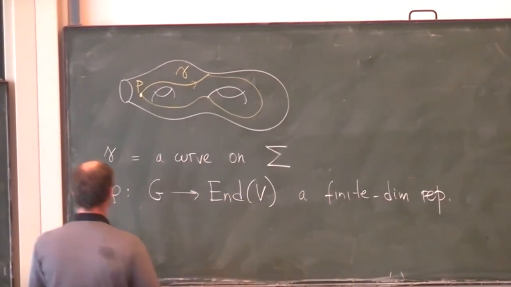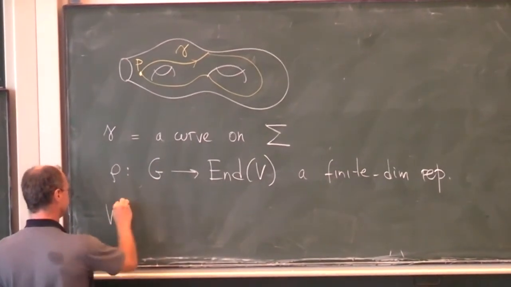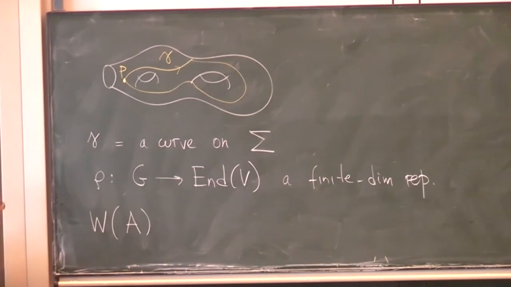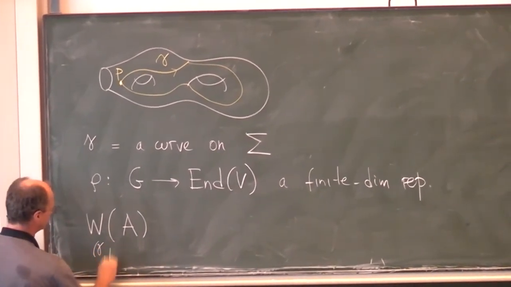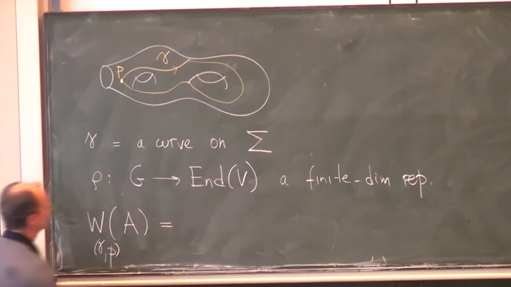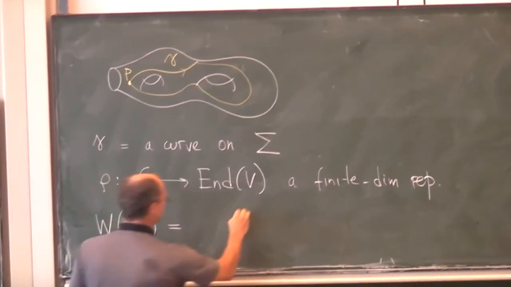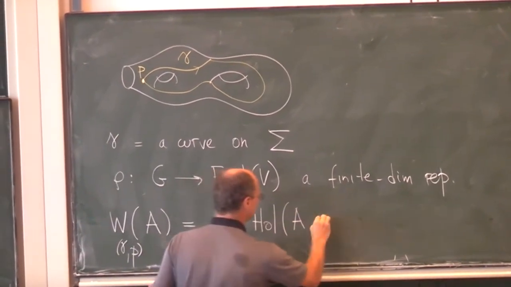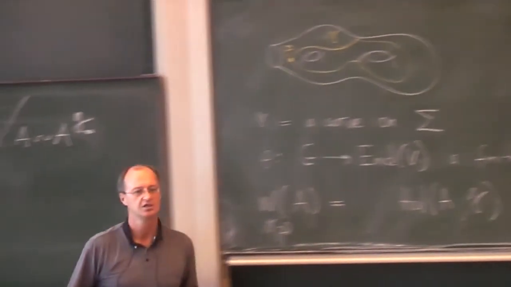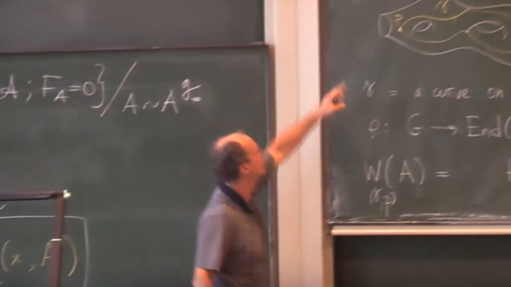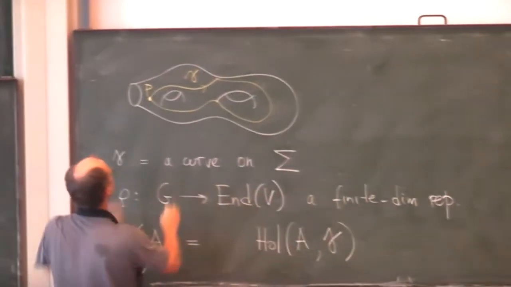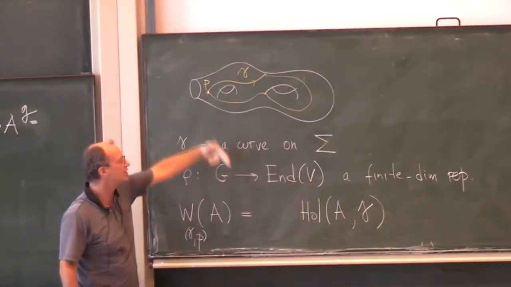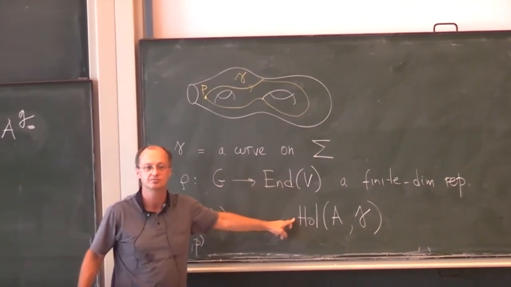Then let's consider the following functions of a connection A, parameterized by gamma and rho. First we are taking a holonomy of A along the curve gamma, starting from the base point P. A holonomy is an element of the group G, right?